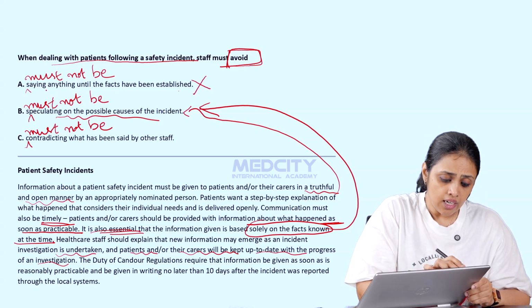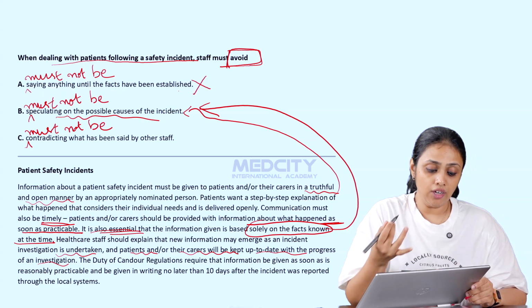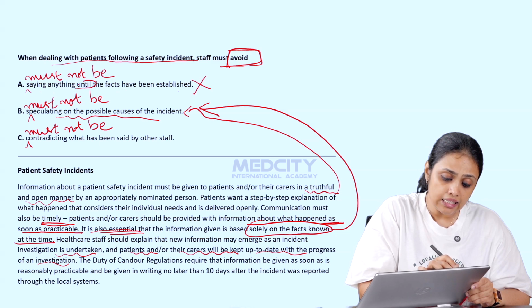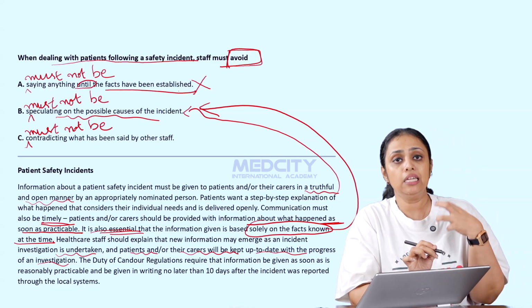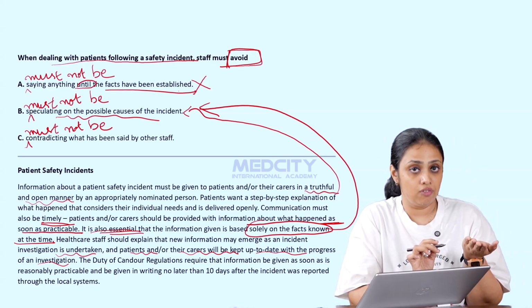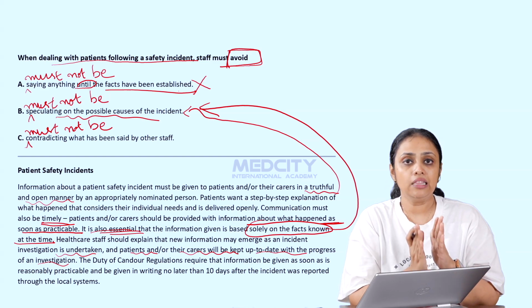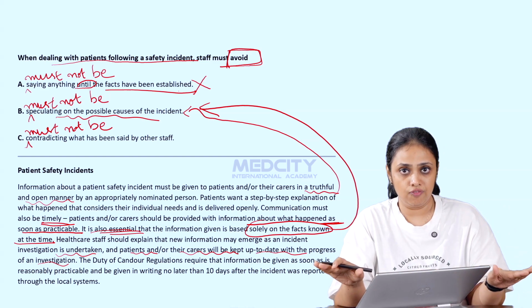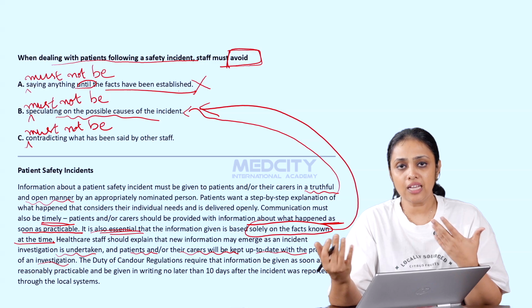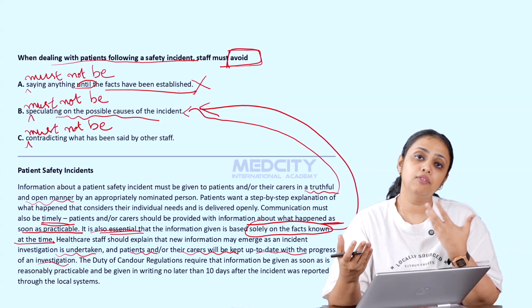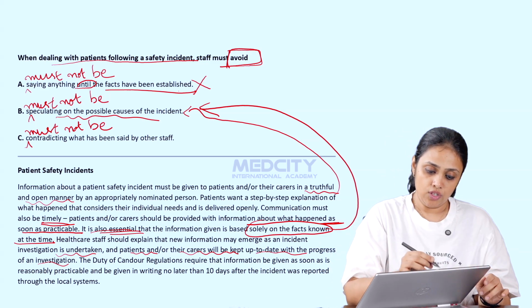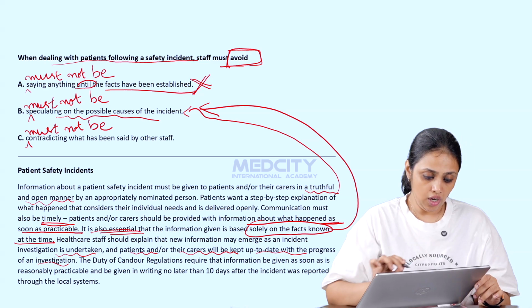It says that the staff must not update the patient until the facts have been established. No, immediately after the incident has happened, the staff can reach out and tell them that this is the situation as of now, what we understand from the facts, and the investigation will be initiated and we will be updating you accordingly. So which means that A is wrong.